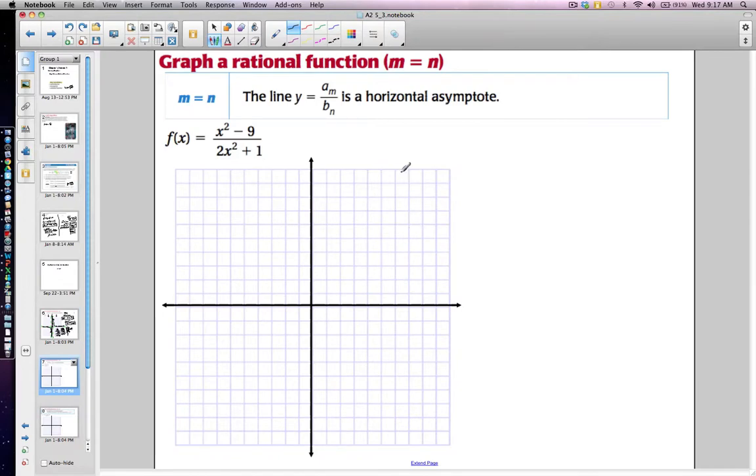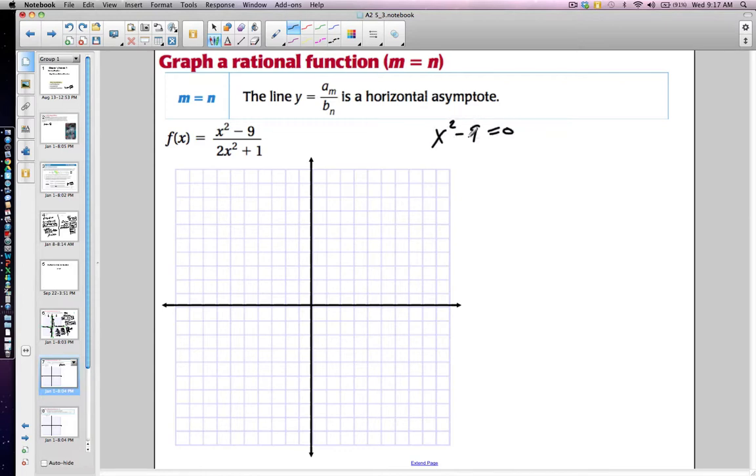All right, so now we're in the case of the degree in the numerator is equal to the degree in the denominator. This is very much like simple rational functions. The difference is that I'm going to have to find my x-intercepts, and I'm going to have some other things to do. So first I want to find the x-intercepts, so I take the numerator and I set it to be equal to 0.